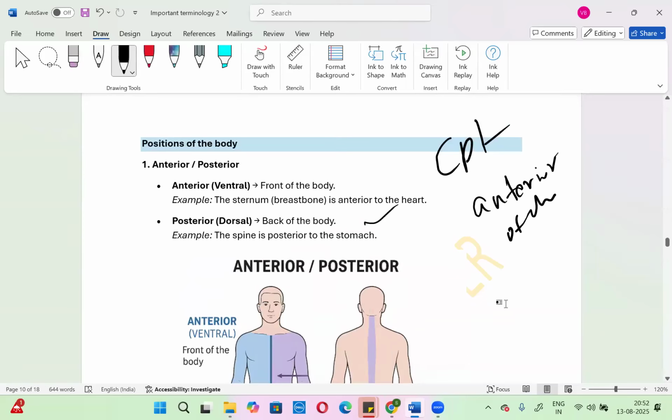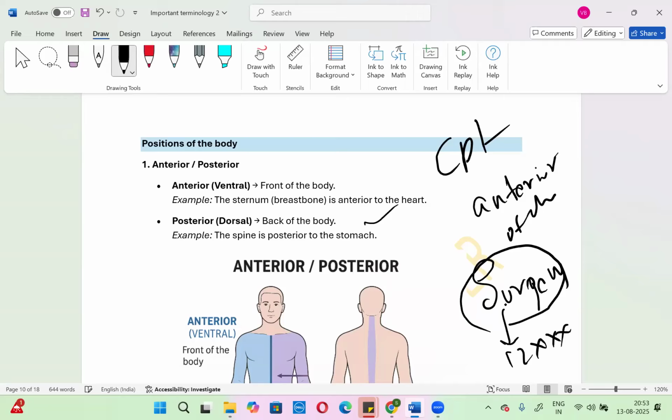Okay. So, knowing the positions of the body is very, very important. Why? Because when physicians are doing the surgeries, you will be coding the surgery, right? For a surgery, you will give a code. There will be some positions mentioned in those surgery documentation.